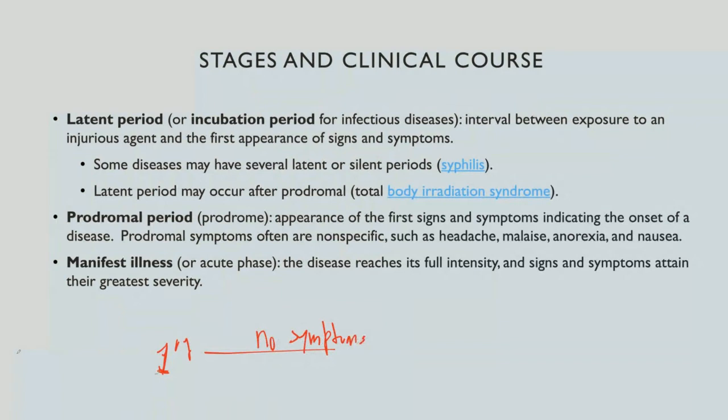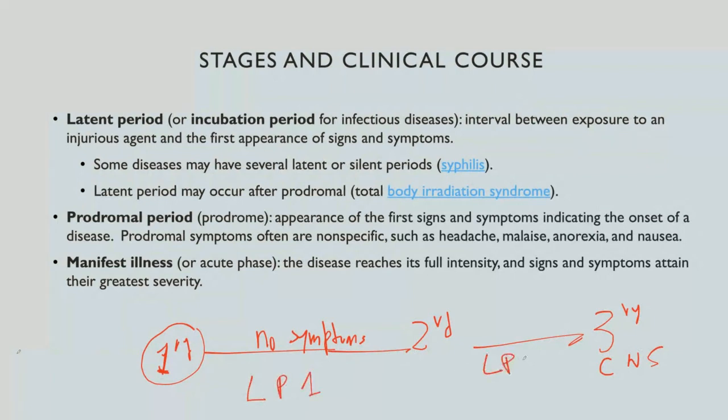These lesions in the genitalia disappear, and then they have the secondary syphilis. They have maculopapular rash everywhere, and then they have the tertiary syphilis, which is the central nervous system affected. This is a latent period 1 and latent period 2.